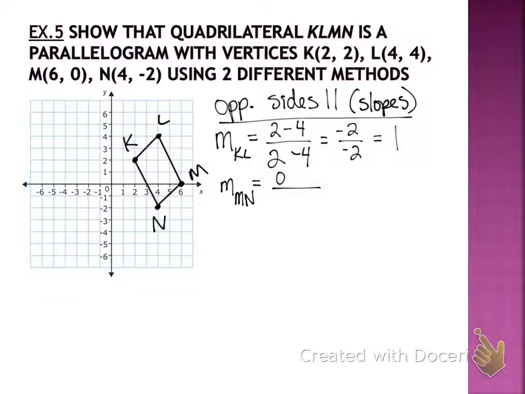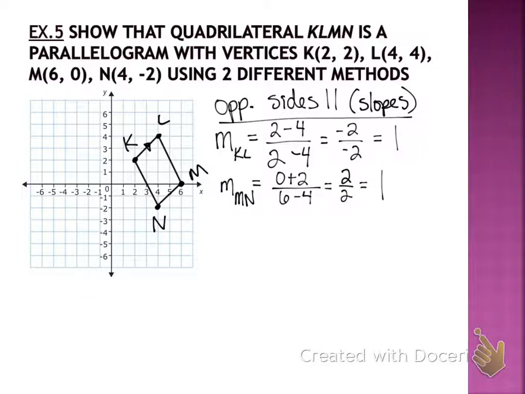Plus 2. We're subtracting a negative, so it should be 0 plus 2. If we started with 0 on top, then on the bottom we should start with 6 minus 4. Okay, 0 plus 2 is 2. 6 minus 4 reduces to be 1. So we've shown that KL and MN are parallel.